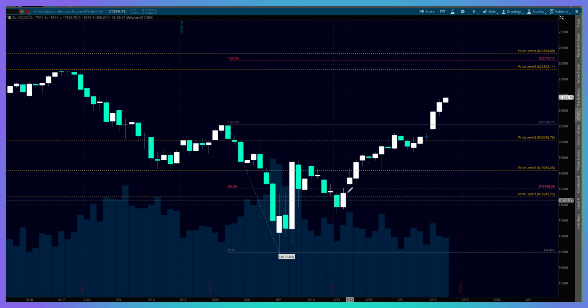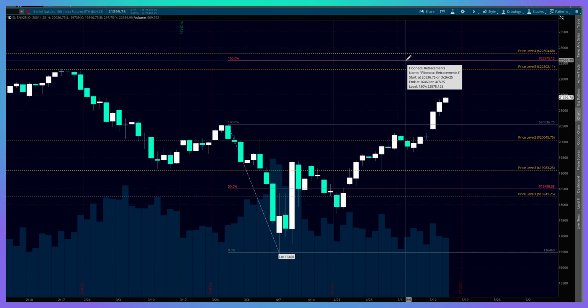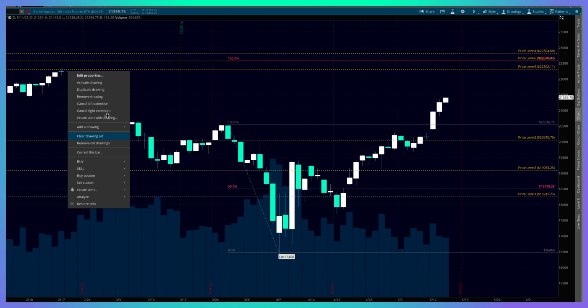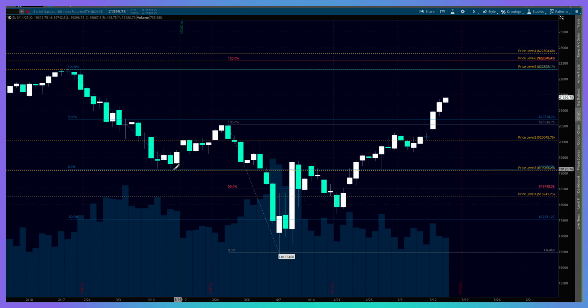So dips, clearly buy zones right now. Let me move this one back so I can eyeball what the 50% retrace is right there. Okay, 20,700 to 20,500. So we might come back in to this formation before we hit up, but that's going to give us upside structural breaks.